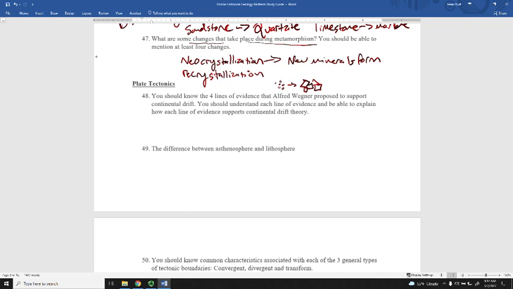Another thing that happens is what we can call pressure solution. And pressure solution happens when you get elongated grains, squeezed grains like this.